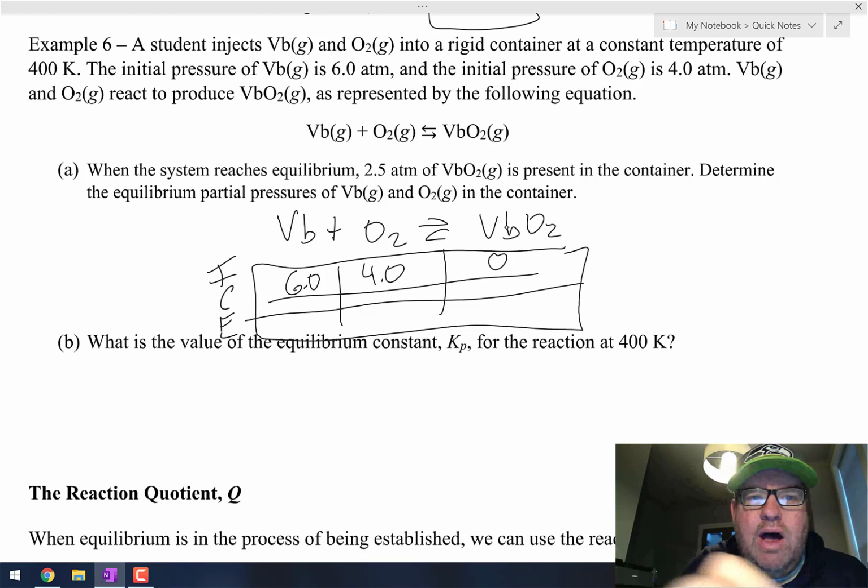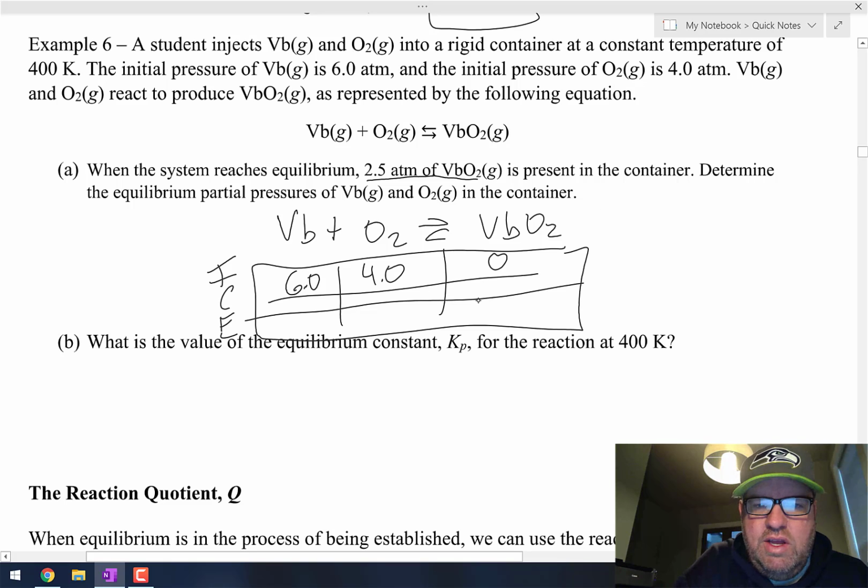And then it says when the system reaches equilibrium, 2.5 atmospheres of VbO2 is present. So that means that this is 2.5. So VbO2 went up by 2.5. And notice the 1:1:1 ratio.